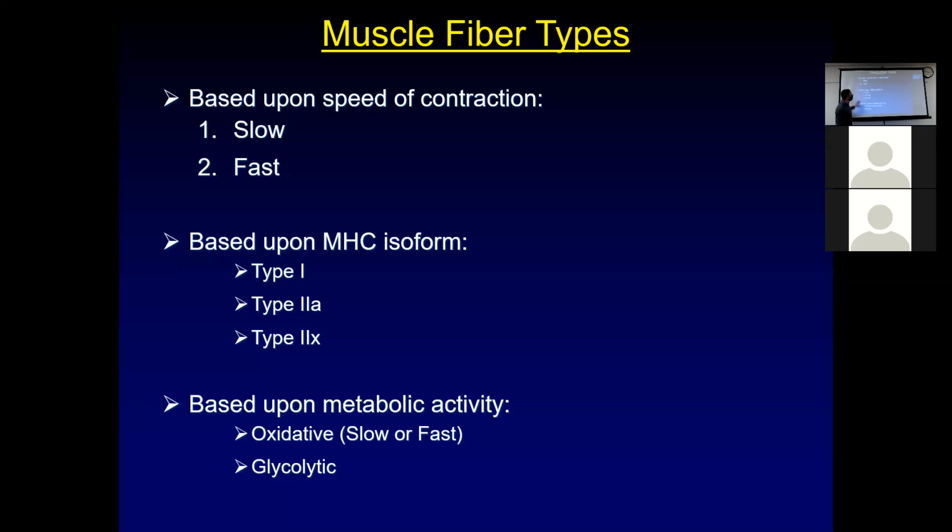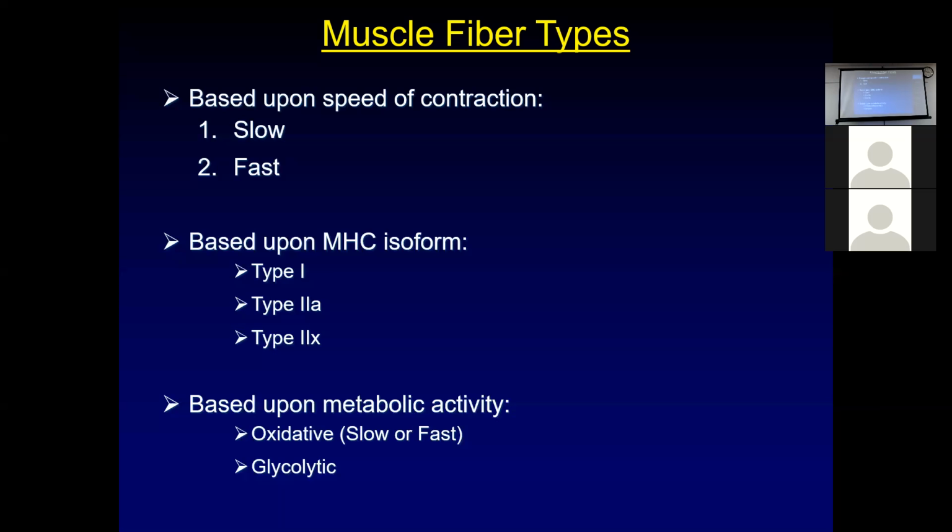But if you look at it this way, type 1 heavy chain is a slow twitch fiber, okay? So I will sometimes use those interchangeably. I may call it a slow twitch fiber, or I may call it a type 1 fiber, right? Those are the same. So type 2 heavy chain, those are fast twitch.